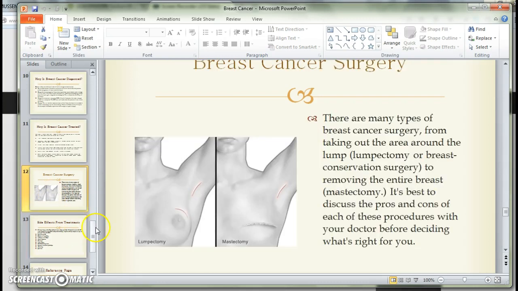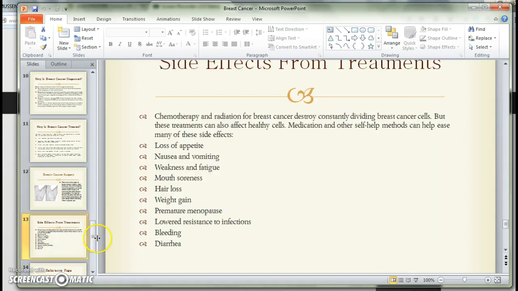Breast cancer surgery: there are many types, from taking out the area around the lump, which is a lumpectomy or breast conservation surgery, to removing the entire breast, a mastectomy. It's best to discuss the pros and cons of each of these procedures with your doctors before deciding what is right for you.